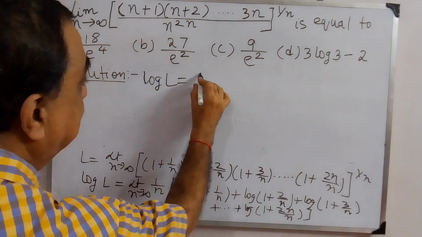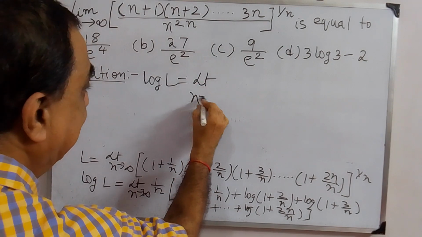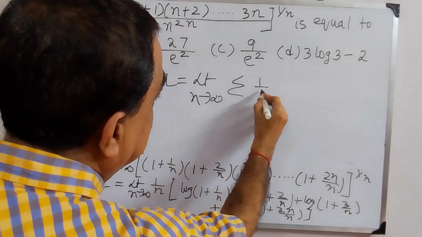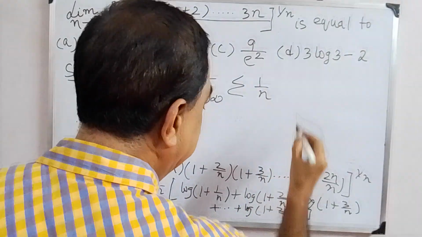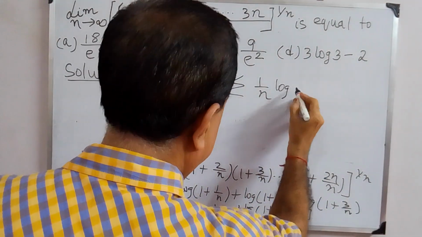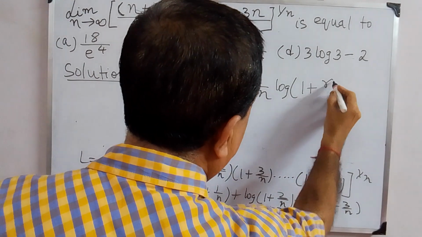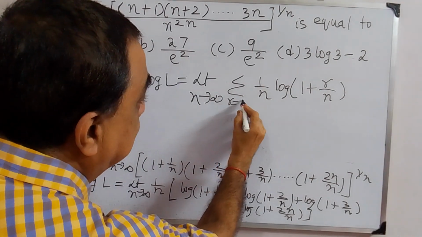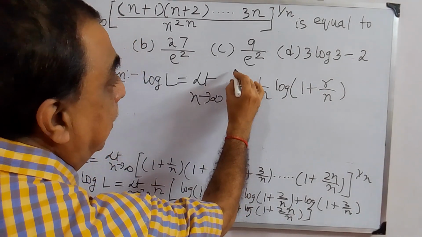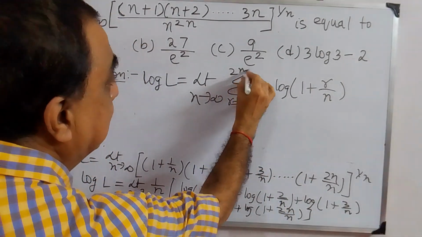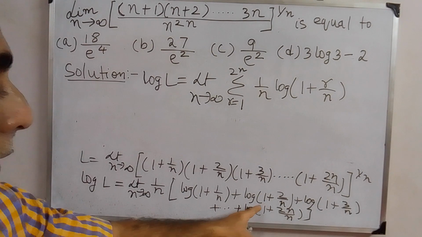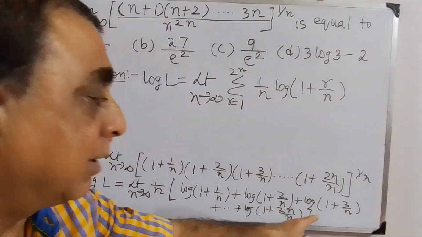So this will be written as limit n tends to infinity, summation of 1 by n log of 1 plus r by n, and the r value ranges from 1 to 2n. Okay, now see here, this is 1 by n into log this, plus 1 by n into log this, plus 1 by n log this.